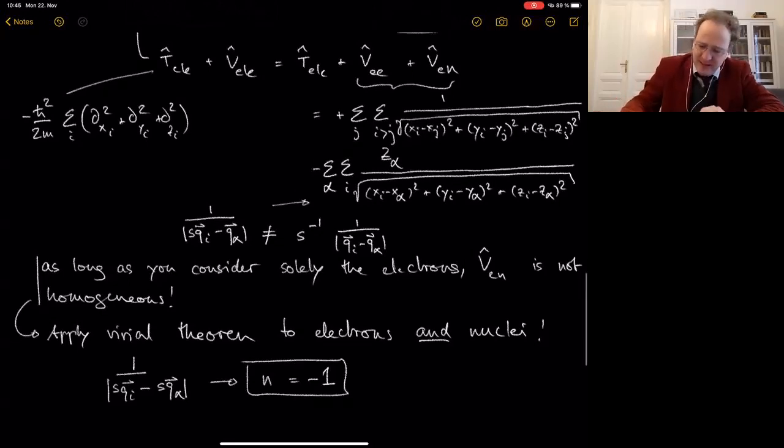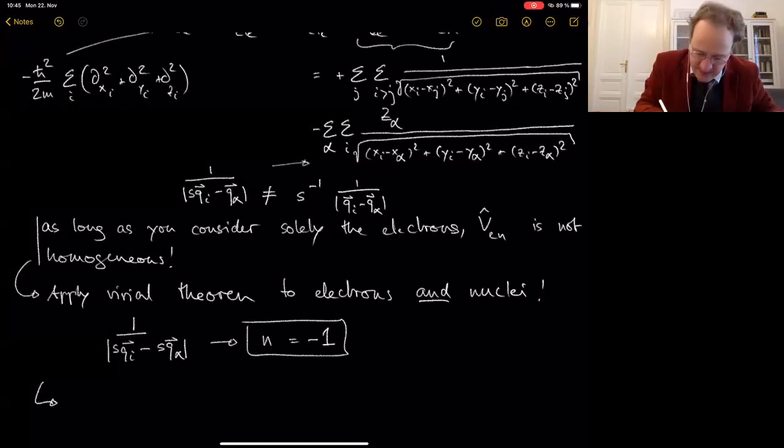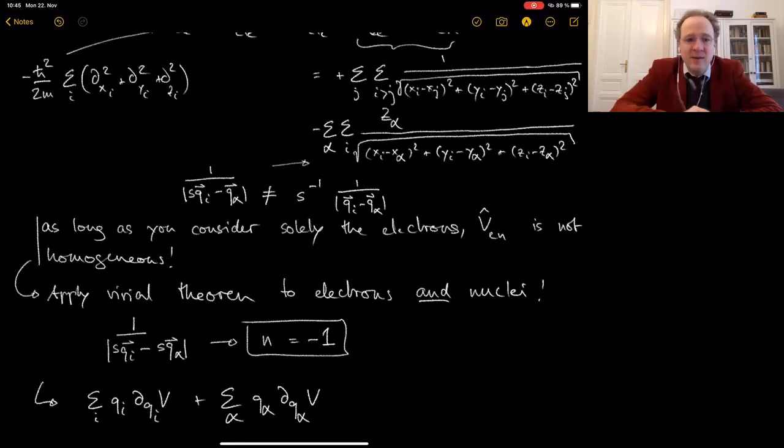This means then that our Virial theory should really be the sum over i of Q_i dQ_i V plus the nuclei, Q alpha dQ alpha V, right? In some sense, I just split it out, but you're summing over all your particles, no matter if they're electrons or nuclei. So this thing must be equal to 2T, that is, V minus V Euler.